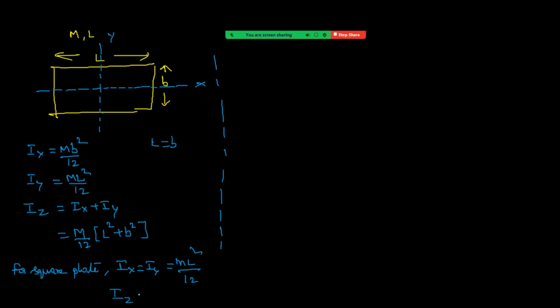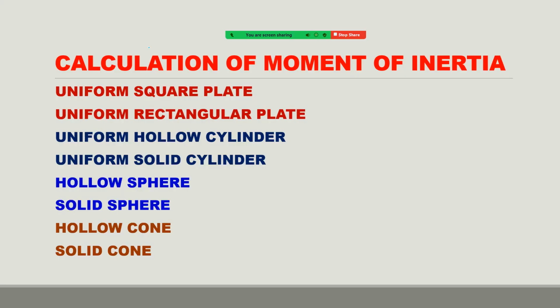And what is Iz? It is m l square by 6, the sum of those two. So once we have it for a rectangle, we can get it directly for a square by putting L equal to b.